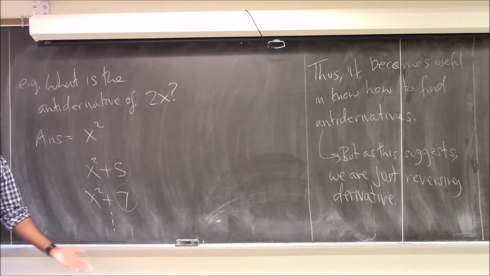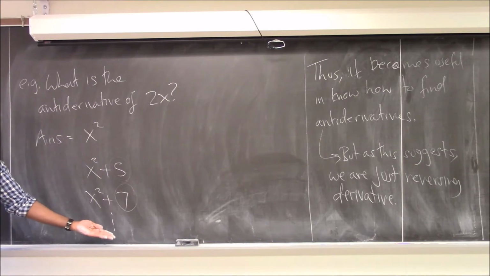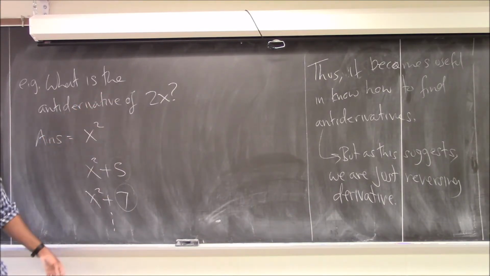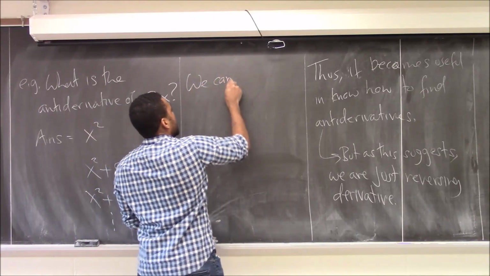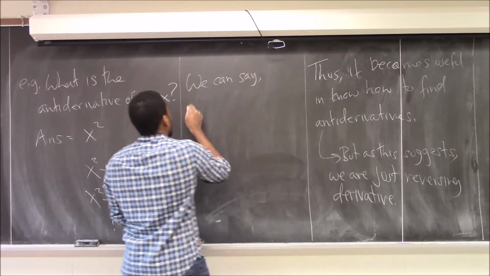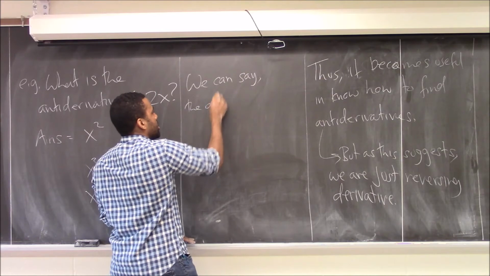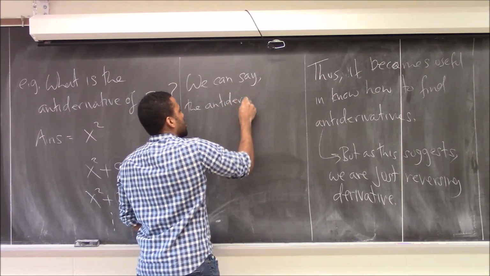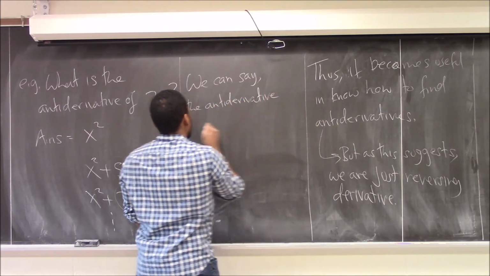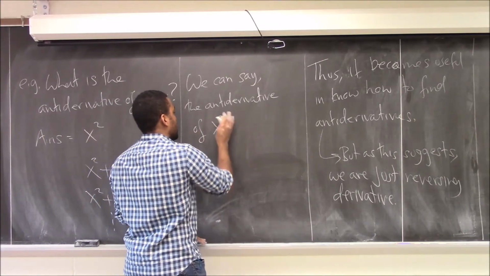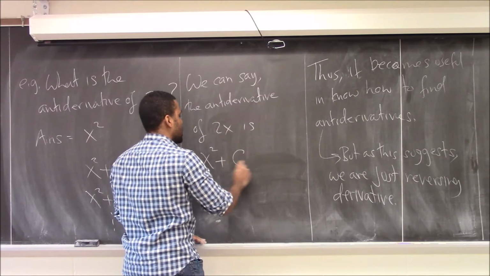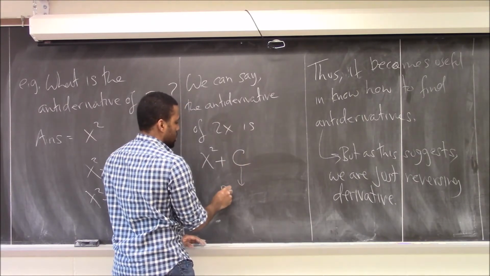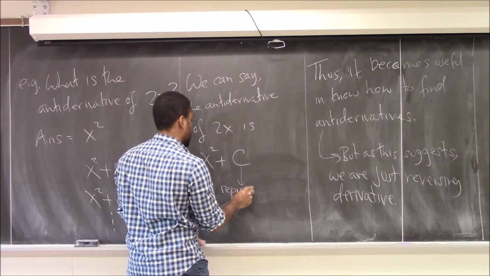There's an infinite number, because every time you add a constant, it makes no difference. So we can say the antiderivative of 2x is x squared plus c, where c represents some arbitrary constant.